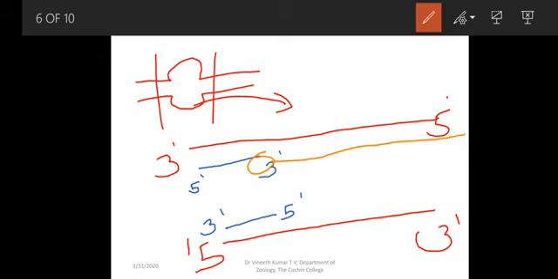Because there is a free 3 prime end, it is synthesizing continuously in this direction, which is 5 prime to 3 prime direction.